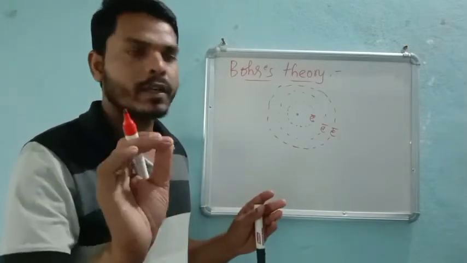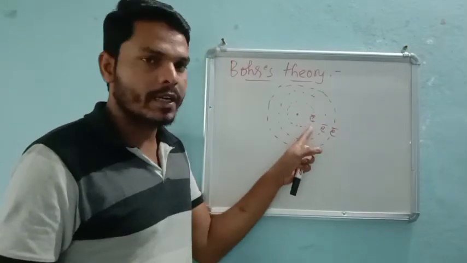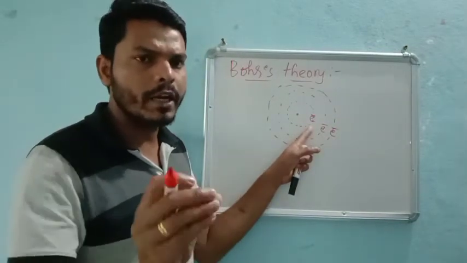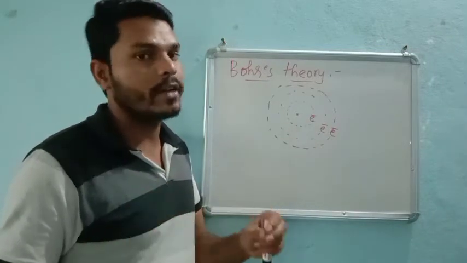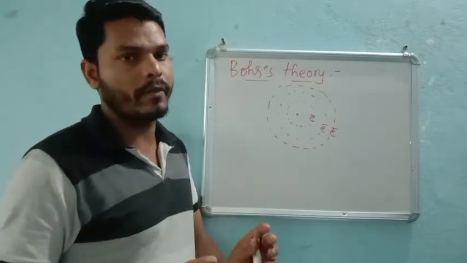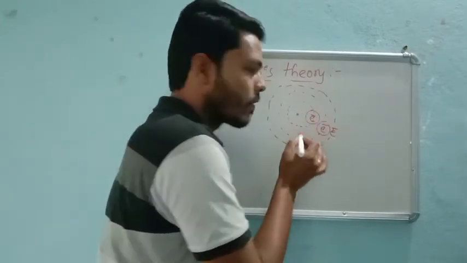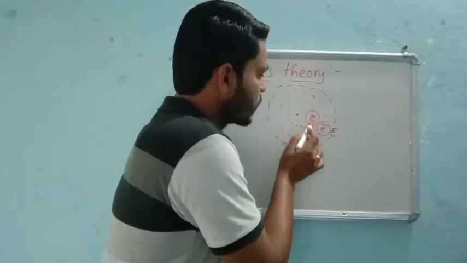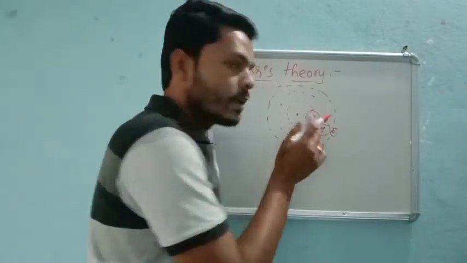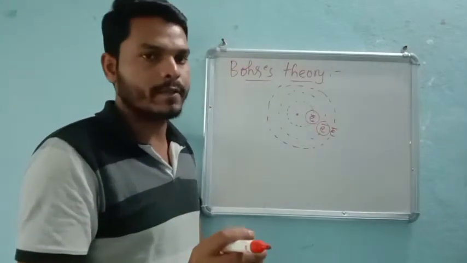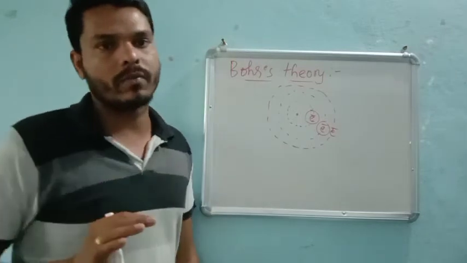According to Bohr, the electron present in this shell will be a little bit different, not in charge, but in energy, it might have more energy. If I compare this electron with this electron, why? Because both electrons have different orbits. So electrons in different orbits have different energies.